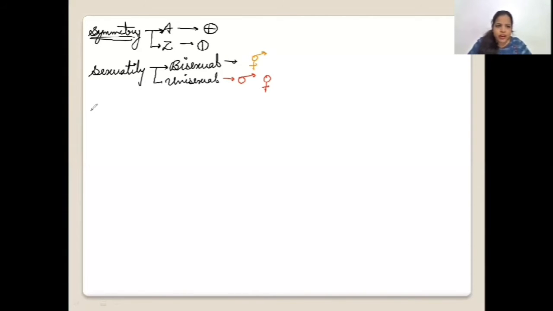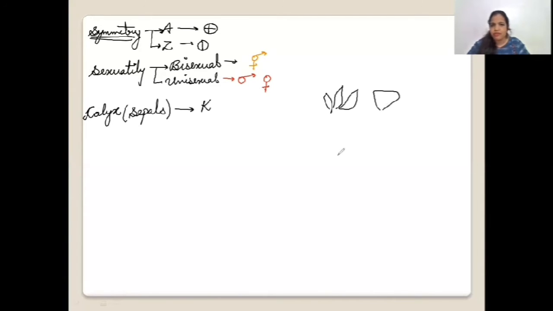Then coming to the outermost whorl or first whorl, that is calyx. The unit of calyx is sepals. We all have learned this. Now, calyx is represented by the symbol K. Now, we know that the sepals can be present separated from each other like this, or they can be present in a fused form.